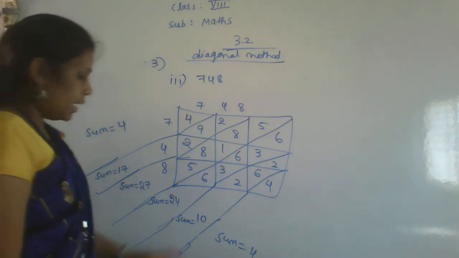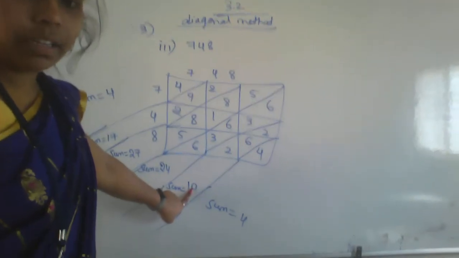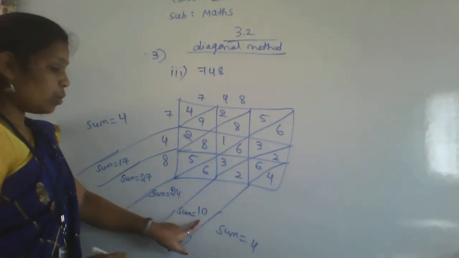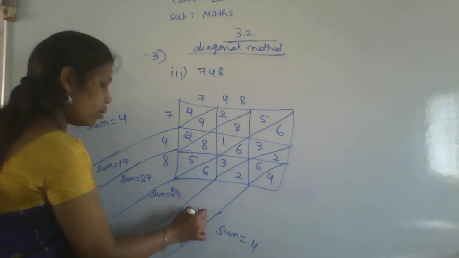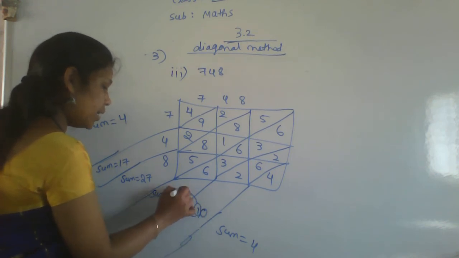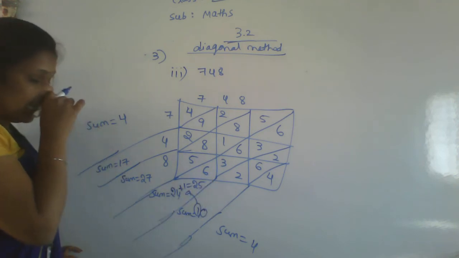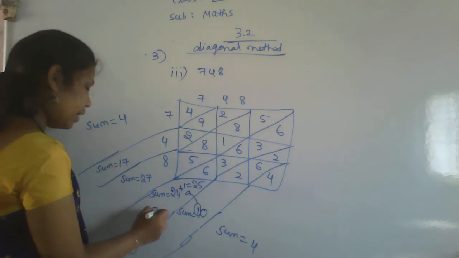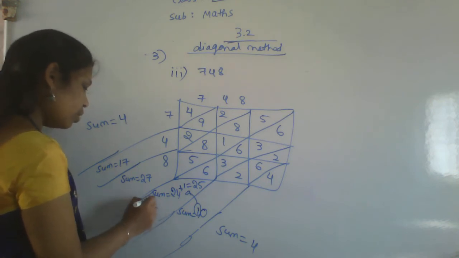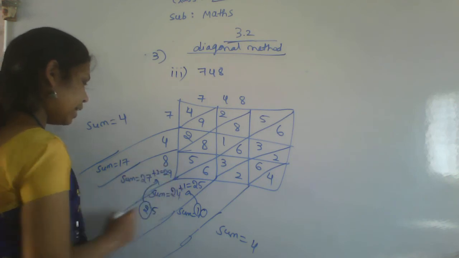So here 2-digit numbers are there. Then you have to take the tens digit this side. Okay, a 2-digit number is there. Only write 0 and take this 1 this side and add. It will become 25. Right? 24 plus 1 is 25, and write only 5 here and shift 2 to this side, plus 2, that is 29 it will become.